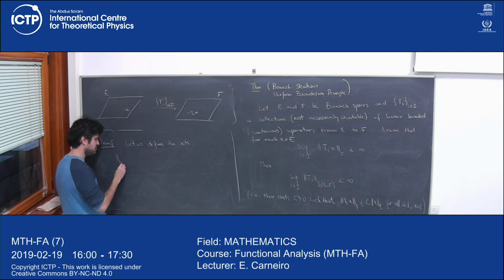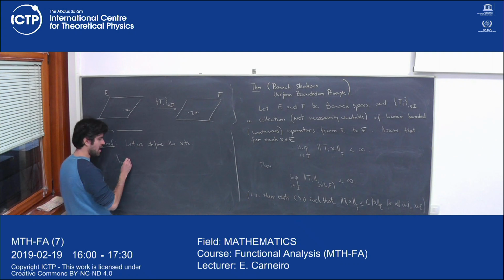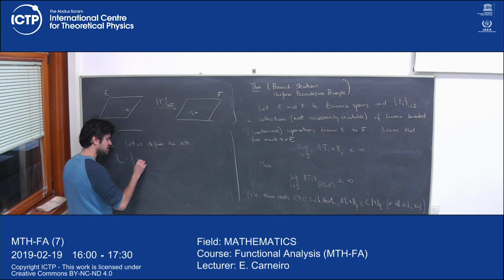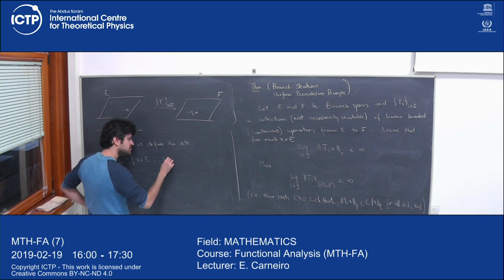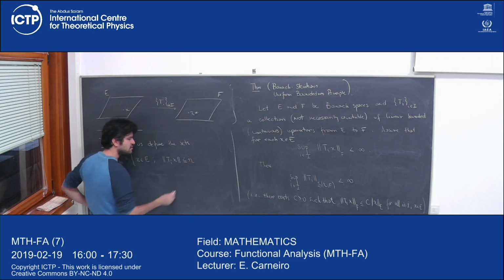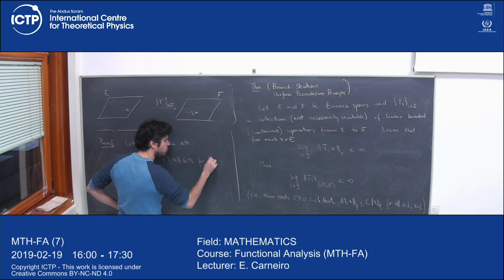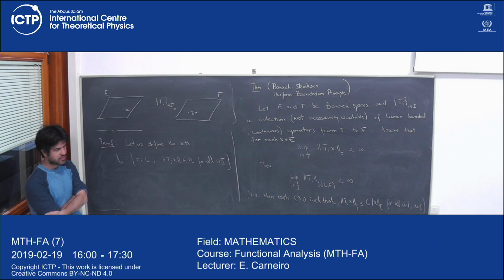Let me call Xn the set of all x in my space E such that the norm of Ti of x is less than or equal to n for all i in my set of indices I. For all the operators, so this is my set Xn.